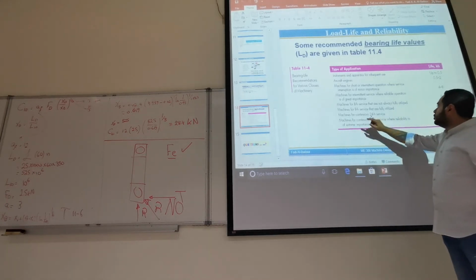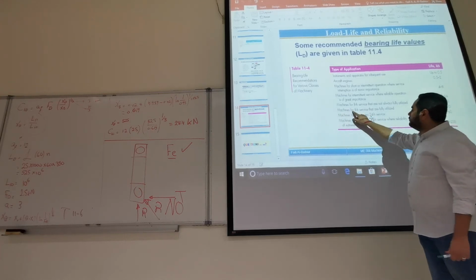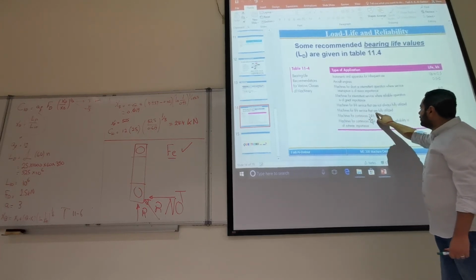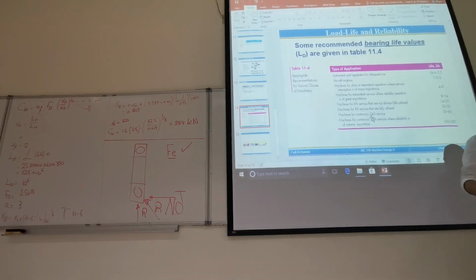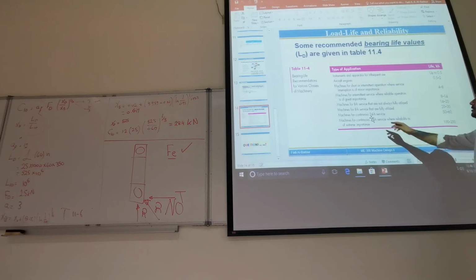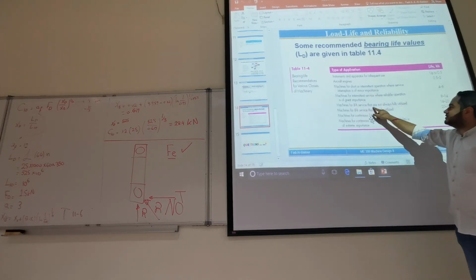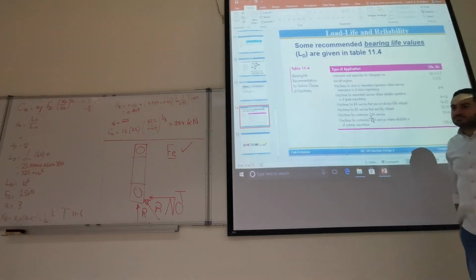So the best one is machine for 8 hours service that are fully utilized. Continuous means along the 8 hours, it is working. Sometimes they are not fully utilized, so the table says 8 hours service that are not always fully utilized.